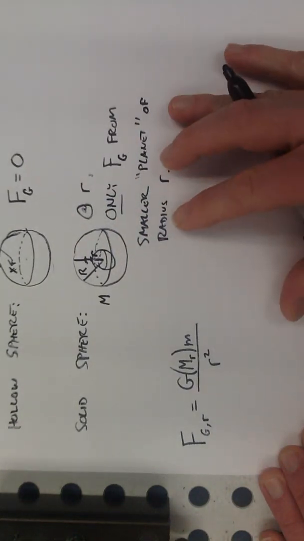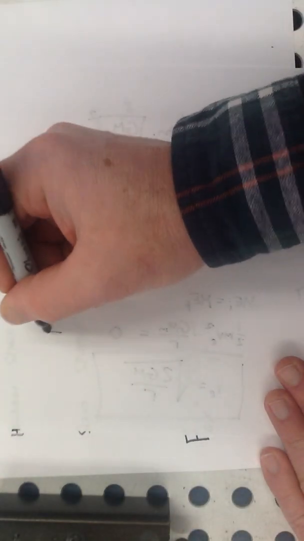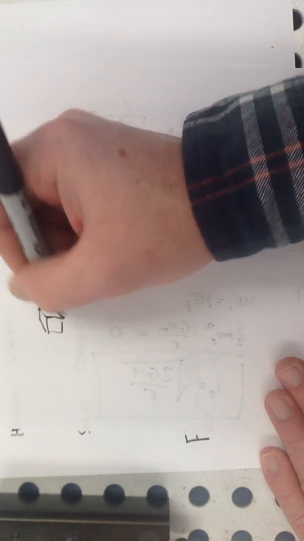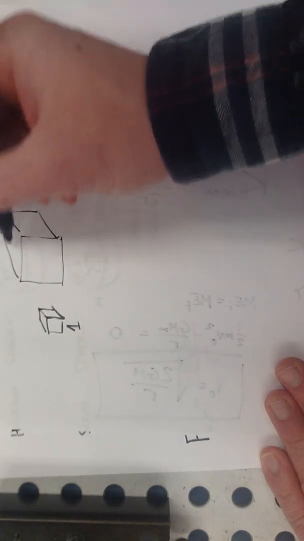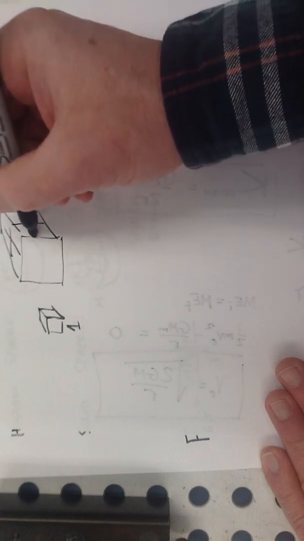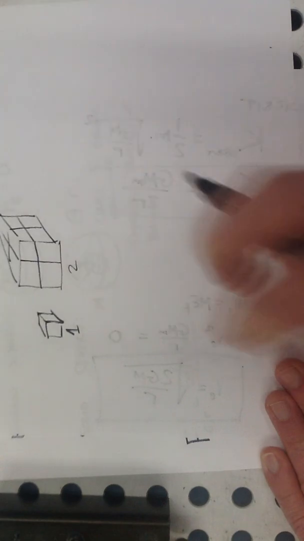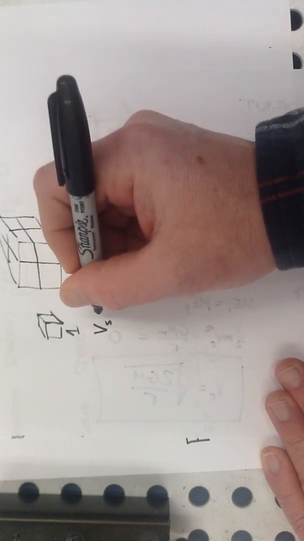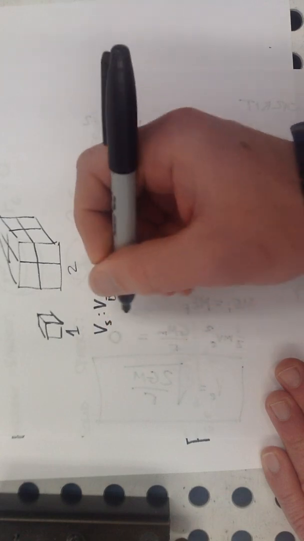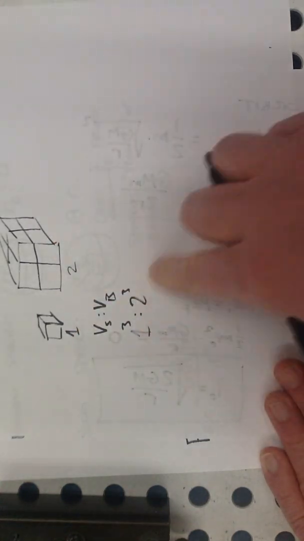So in other words, if you have a cube of side length 1, and you have a cube of side length 2, then the ratio of the volumes, V small to V big, is equal to the linear measurement 1 cubed to 2 cubed. It's 1 to 8, not 1 to 2 or even 1 to 4.